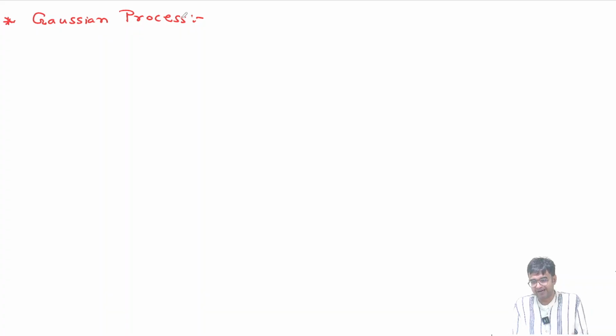So they will have a pattern, there is some correlation structure and all those things. So a Gaussian process is a collection, potentially infinite, of random variables, any finite number of which follows a consistent Gaussian distribution.